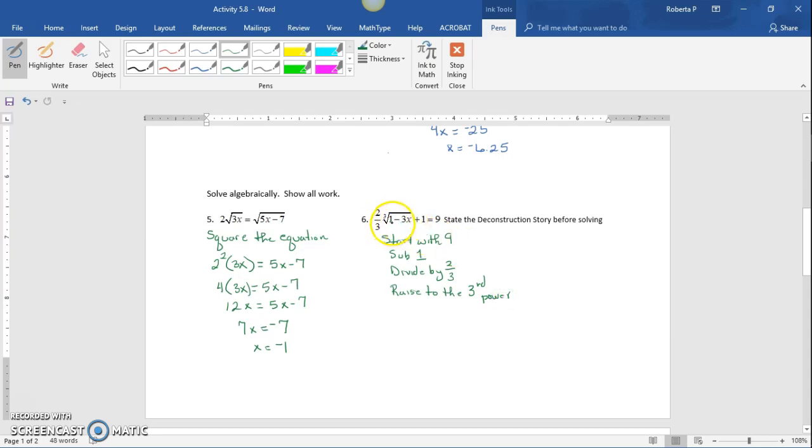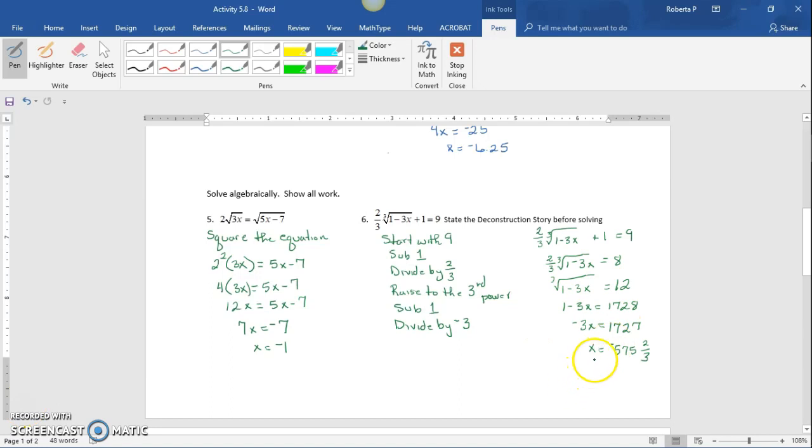And then, since this is a positive 1, I'm going to subtract 1. And then I'm going to divide by -3. Go ahead and perform those operations and come up with an answer.